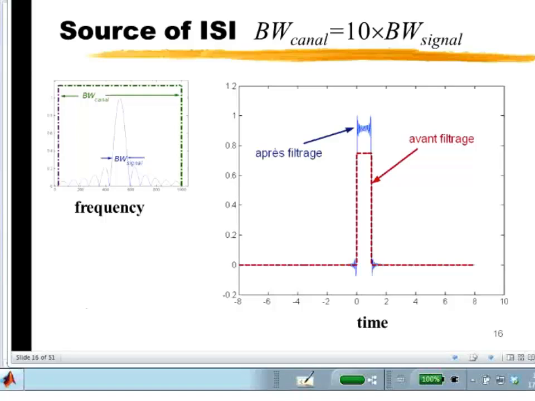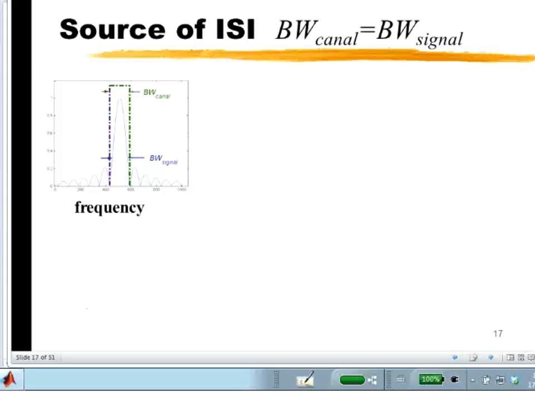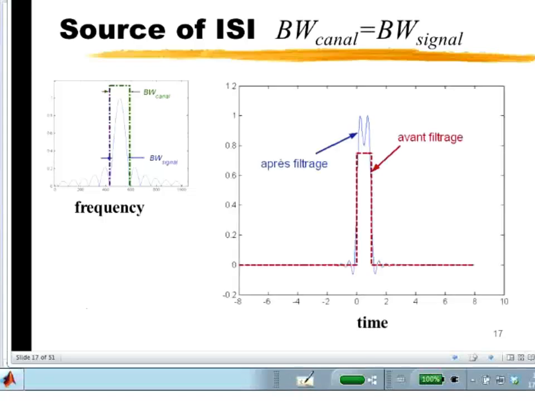Now what happens if I try to squeeze this signal into a smaller channel? So now I'm going to show you simulations where I just put the signal through a channel with comparable bandwidth. Now when the two bandwidths are about equal, you can see that I have much more ringing coming out of the filter, and that now the time duration of the pulse is wider.